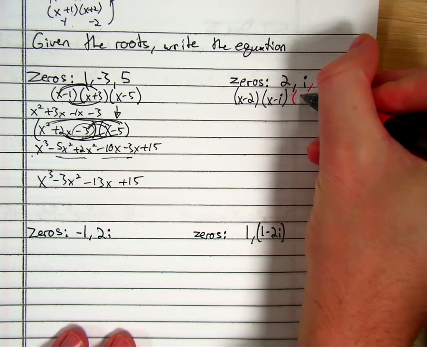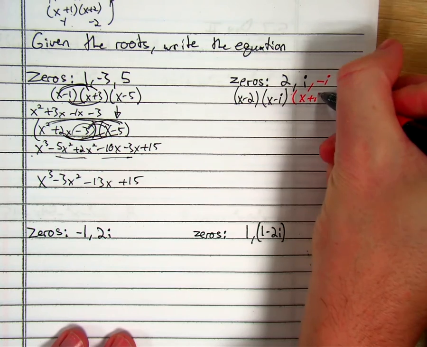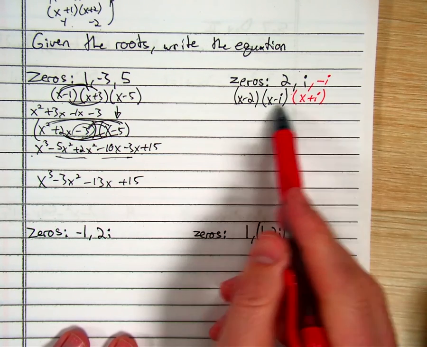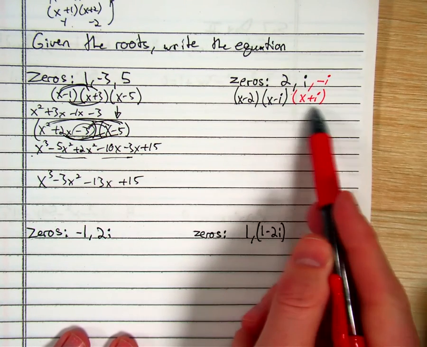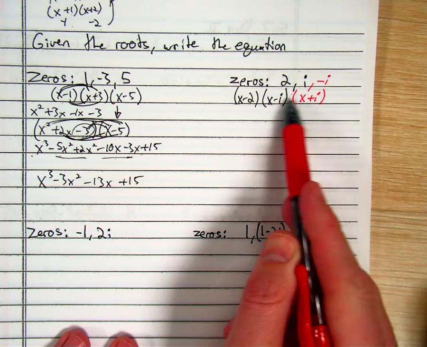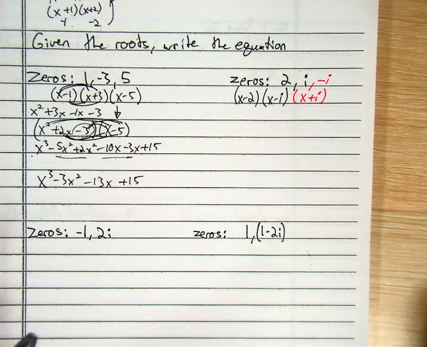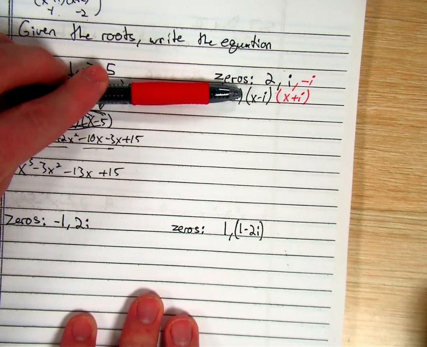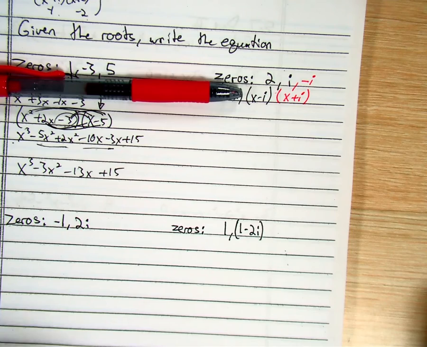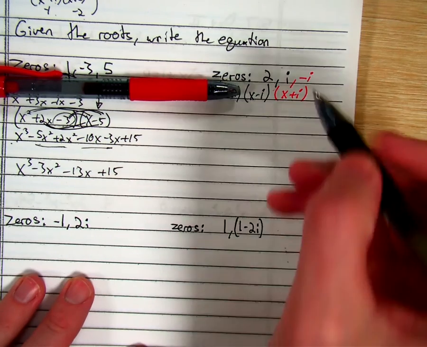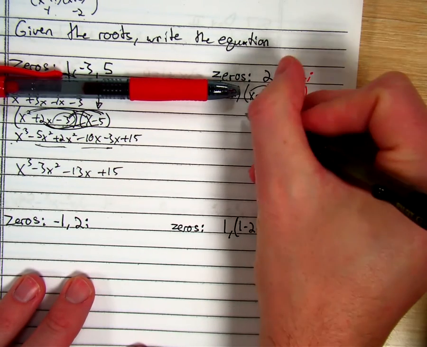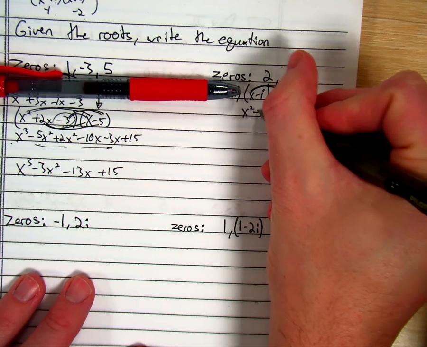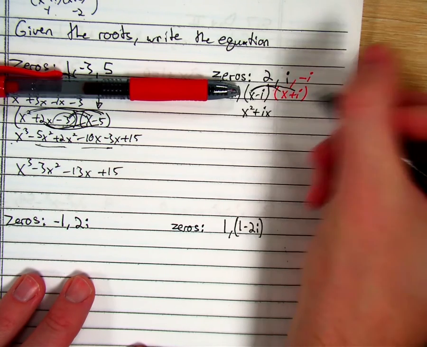Now, when we have these problems and there's i's involved, I would recommend multiplying those first. So we're going to cover up this x minus 2, so we're not tempted to multiply that one. x times x, x squared. x times i plus ix, or xi, however you want to write it.